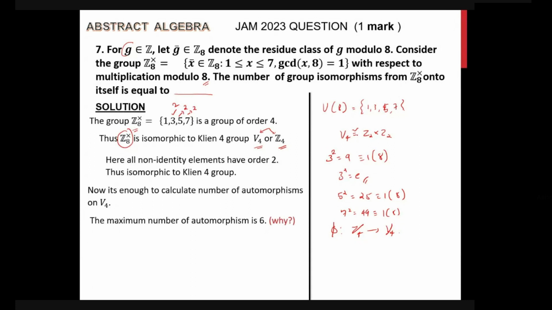That is the answer. That means the automorphism group of V4 is isomorphic to S3. But if I don't know this, then what will I do? That's the problem. Because if you know this, it's very easy, and it's only one more question.